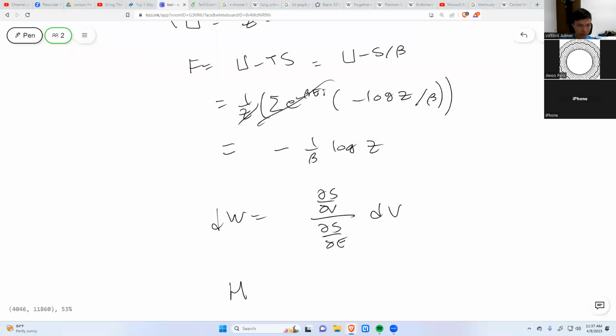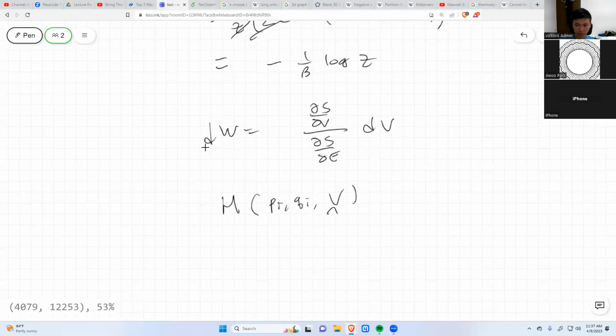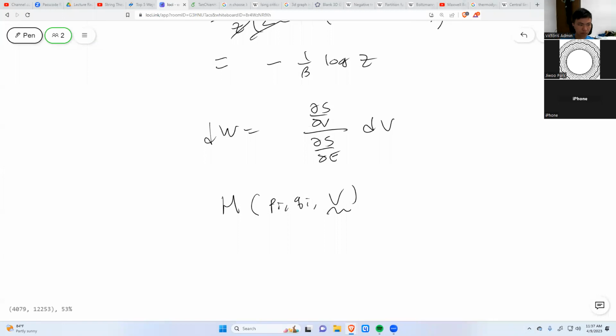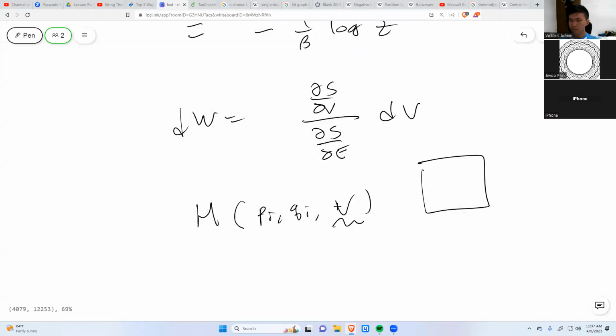You can say that the Hamiltonian is a function of the p_i's and q_i's and V, which is a parameter, not a dynamical variable. For example, if it's a box, then there is a well potential with infinite energy, and the size of the well is given by V. So this is a parameter in the Hamiltonian.